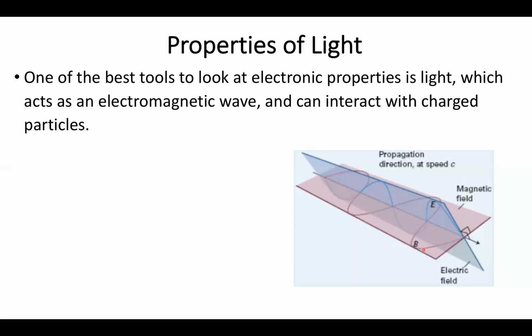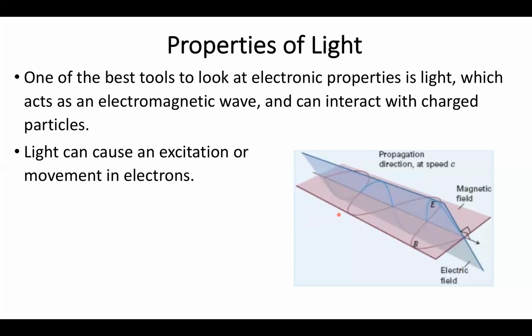At the end of the semester, we'll start dealing a little bit more with the magnetic field. But for now, we're going to really be focusing on the electric field component of light. And this is a big deal for two major reasons. First of all, if I have an electron happily moving around an atom, I can actually use light to cause an excitation in that electron.